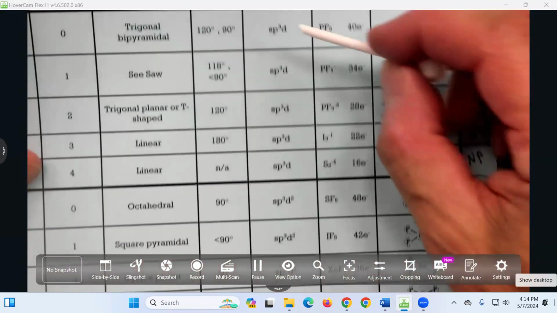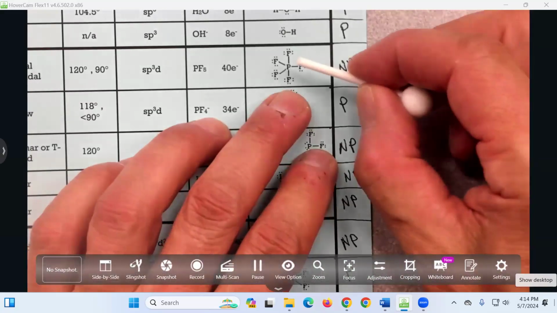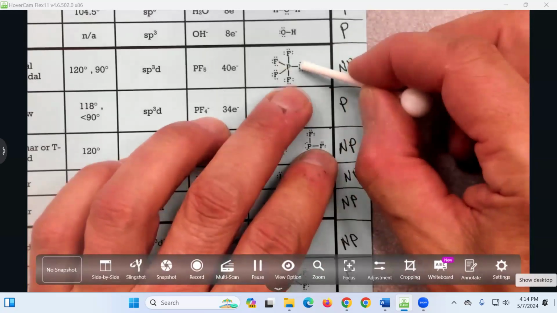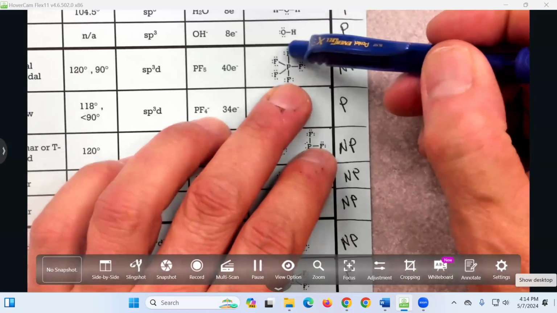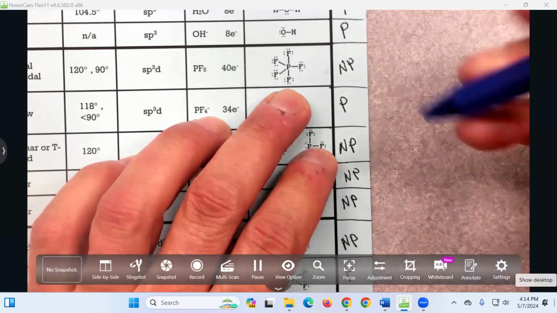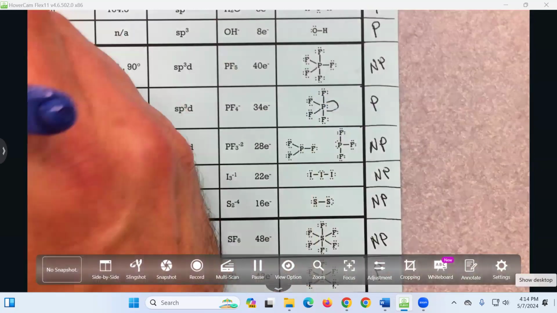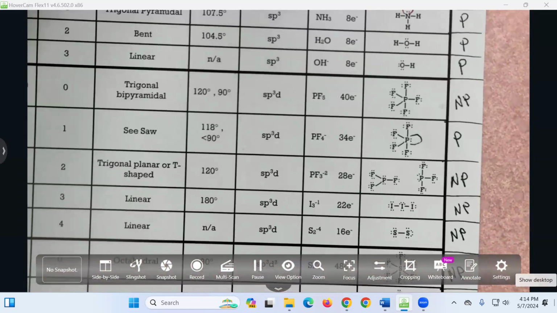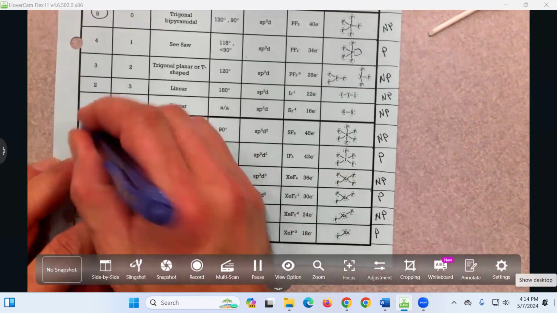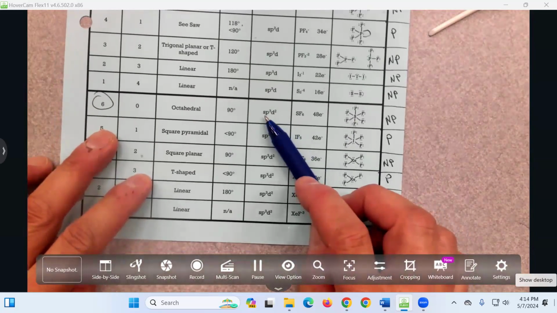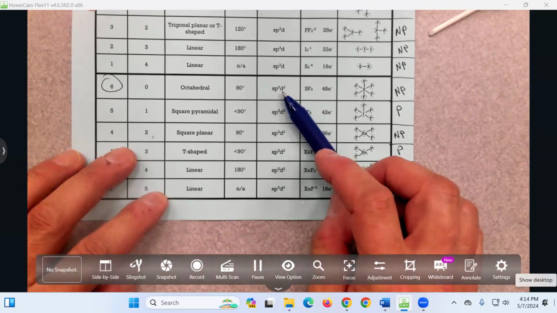I just want to show you, though, is the same for all of these. What does that look like? It's trigonal here in the middle, the 120s, and then a pyramid on top and a pyramid on the bottom. So trigonal bipyramidal. Again, my electron pair geometry is the same for all of these. And then when I go to octahedral, this adds up. sp3d2, what does that add up to? 6.